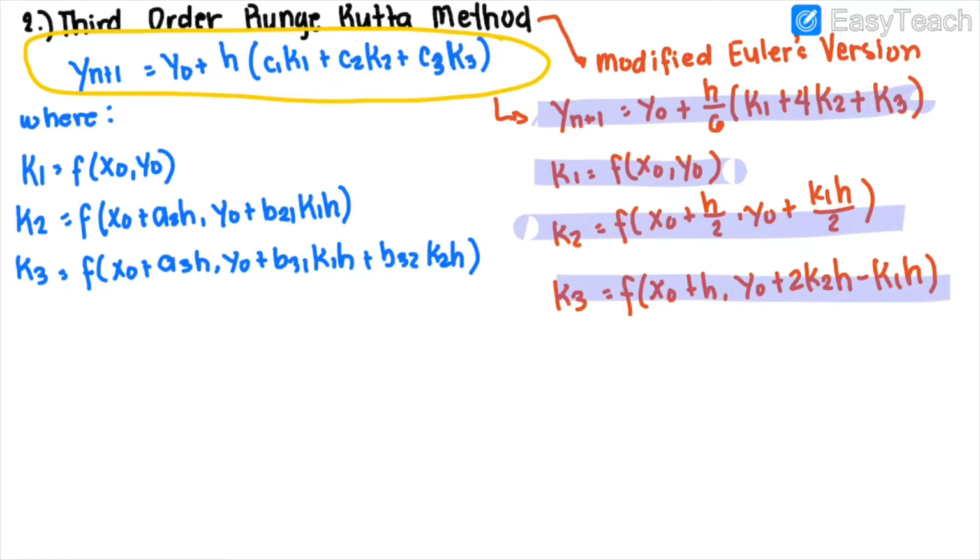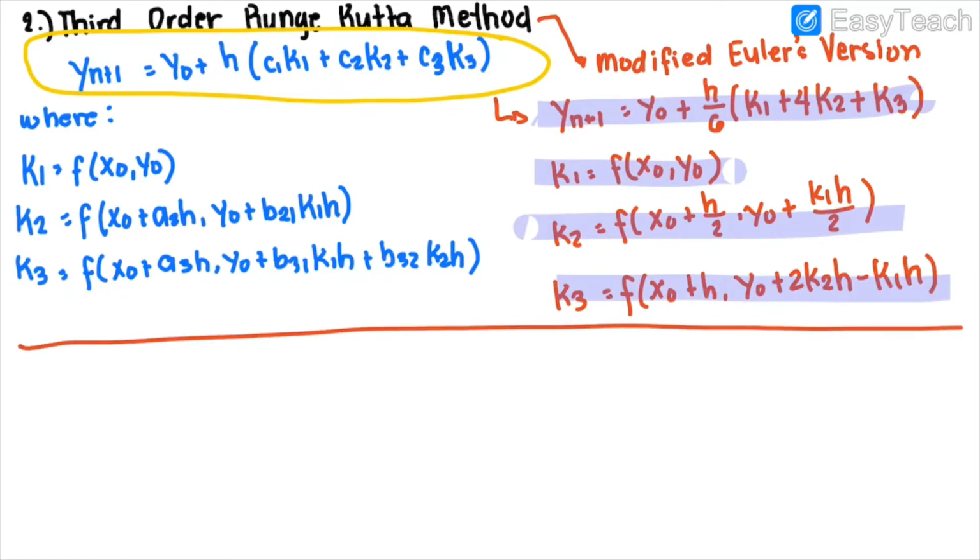So with that note, let's continue with the fourth order, the succeeding part of the higher order Runge-Kutta method, which is your fourth order Runge-Kutta method.